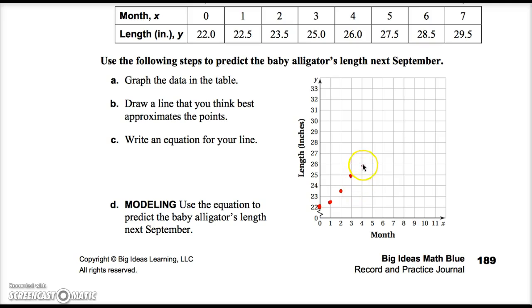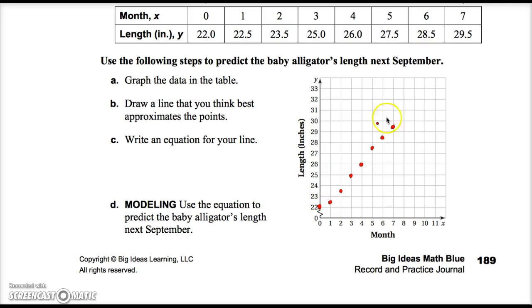Month 4 was at 26. Month 5 was at 27.5. Month 6 was at 28.5. And month 7 was at 29.5.